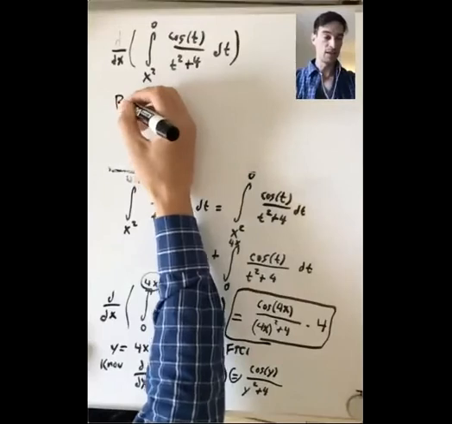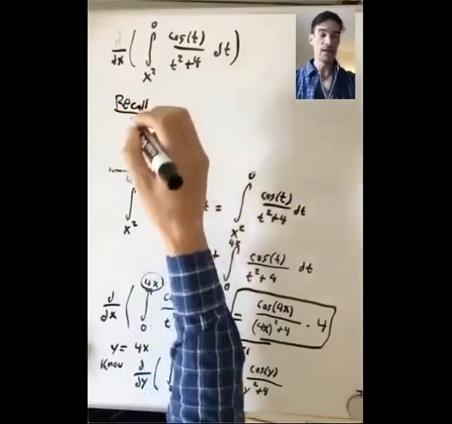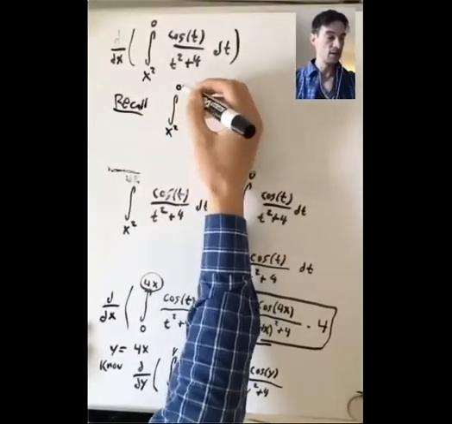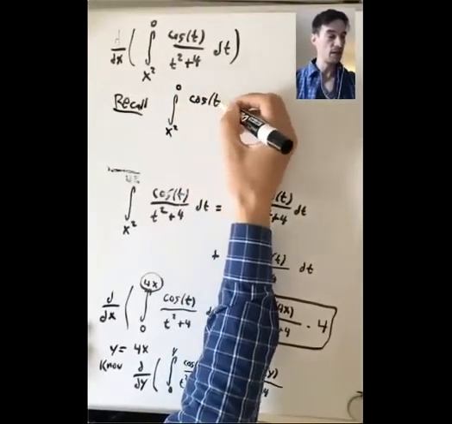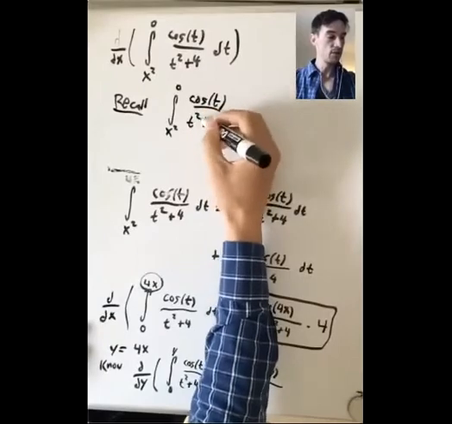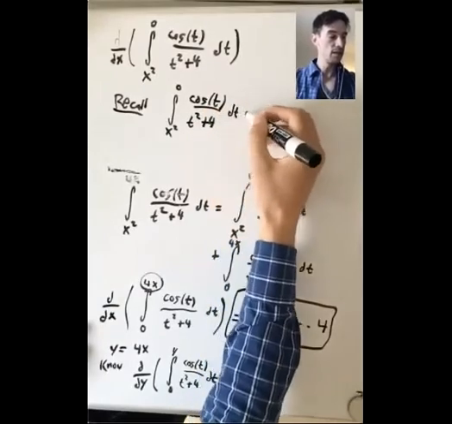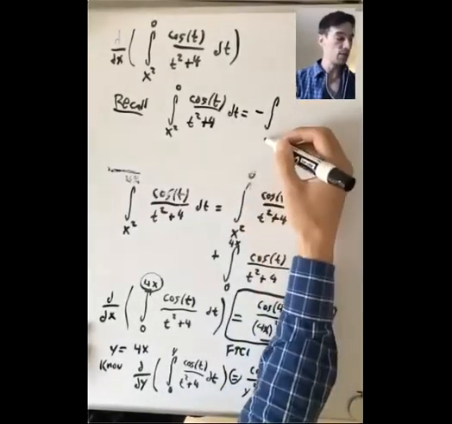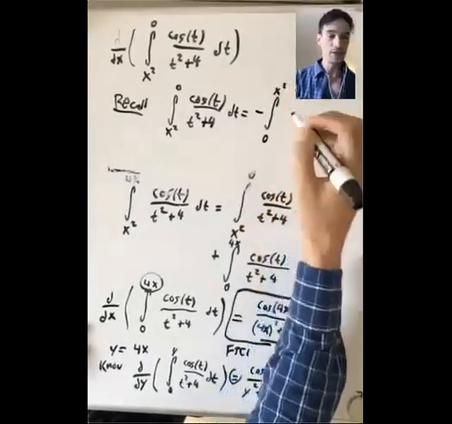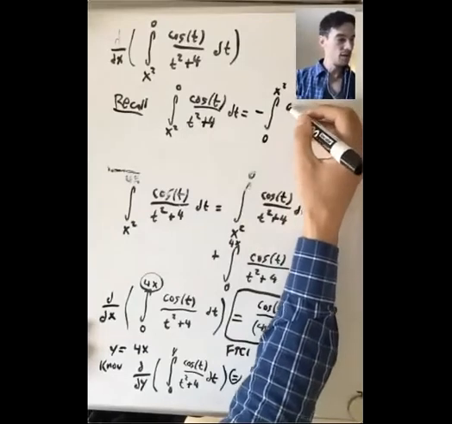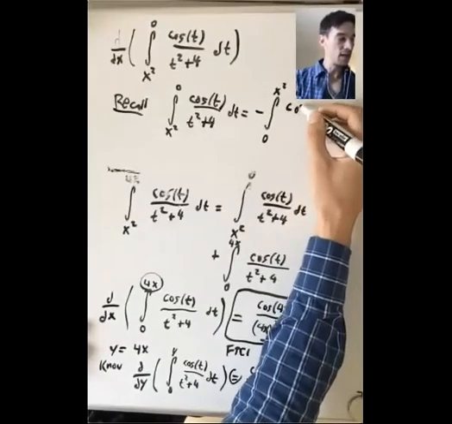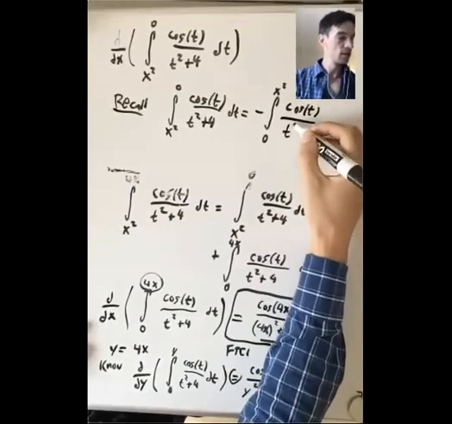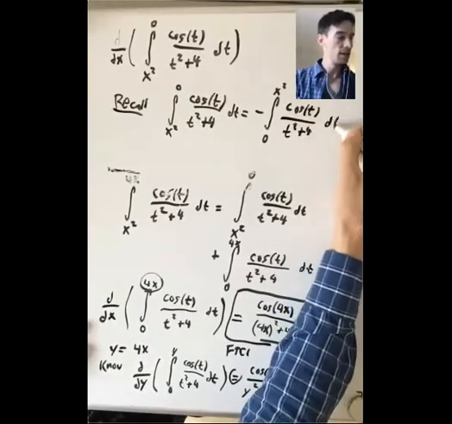So we're going to use this other property, just like in an example from last time: the integral from x squared to 0 of cosine t over t squared plus 4 dt is equal to the negative of the integral that you get by switching the endpoints, the integral from 0 to x squared of cosine t over t squared plus 4 dt.